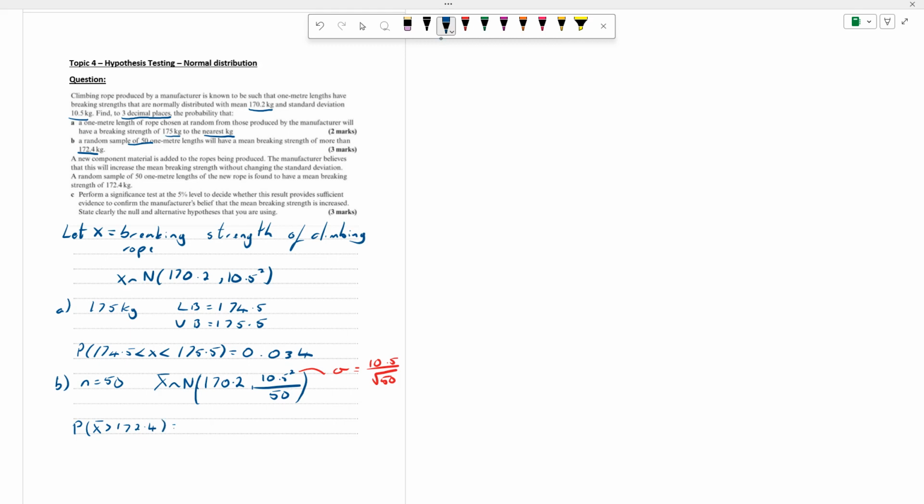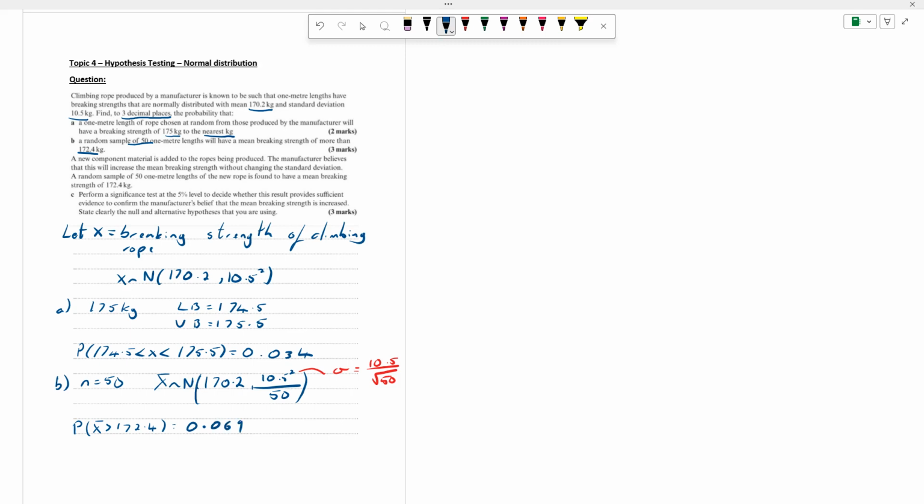And again, I'm going to go to my calculator. So mu is 170.2. My sigma is 10.5 over root 50. Just be careful typing it in because it puts in a slightly different format. 172.4. I want it greater than this. So 172.4 must be my lower value. My upper value must be some really, really big number. And then I'm going to type it in.